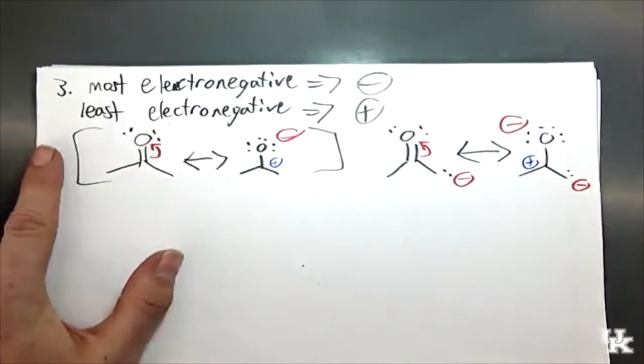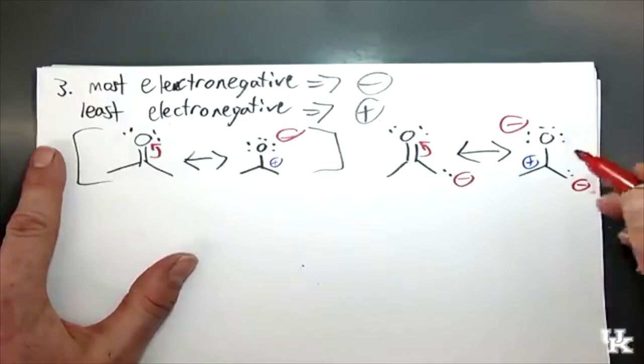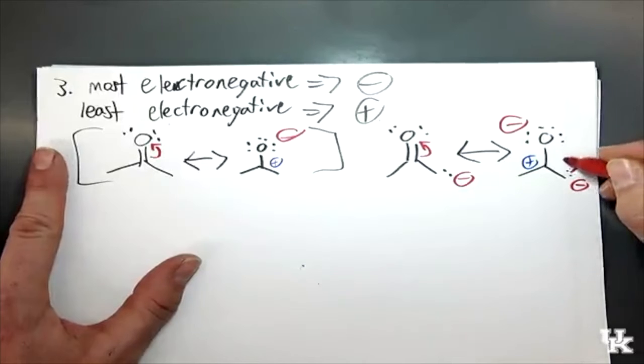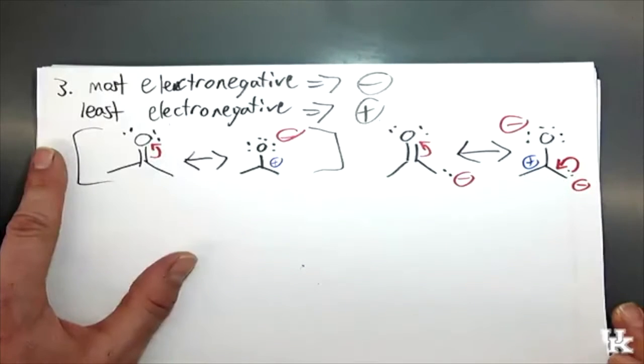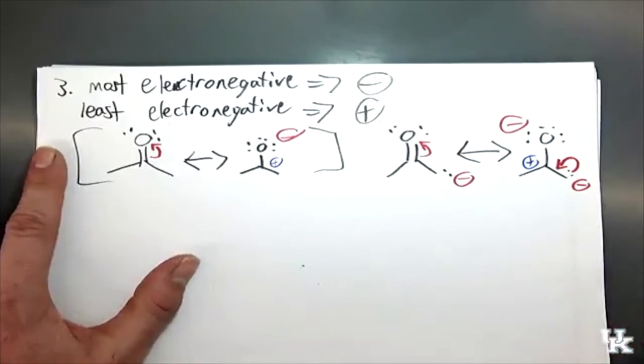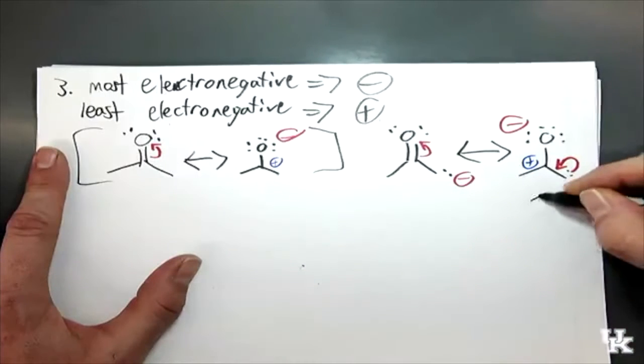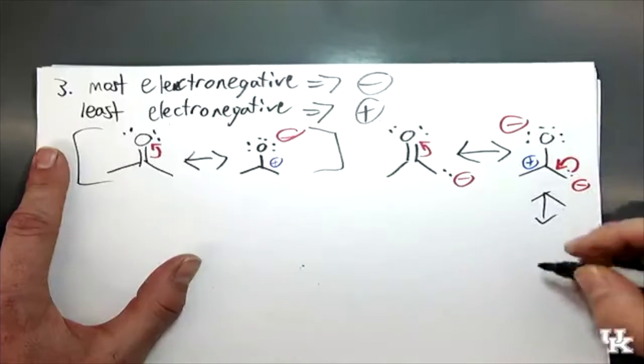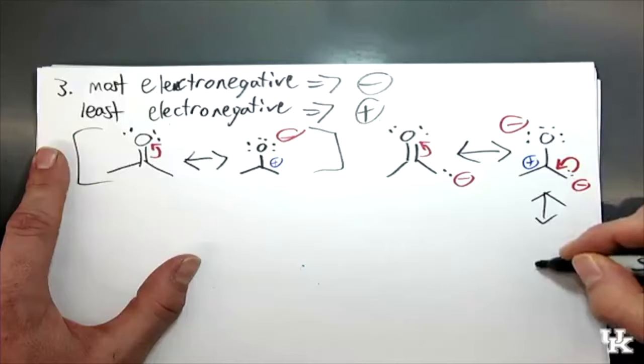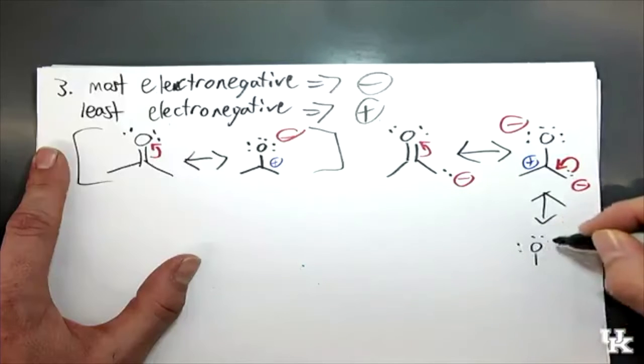All right. Now, let's move the electrons one more time, and let's put them in between the 2 carbons, to make a structure that looks like this.